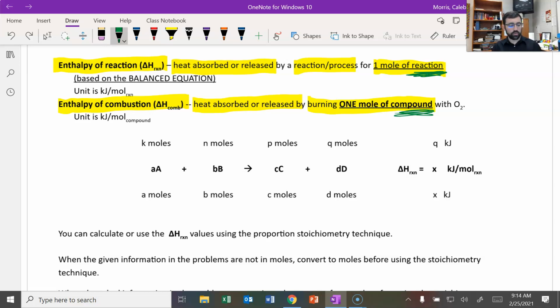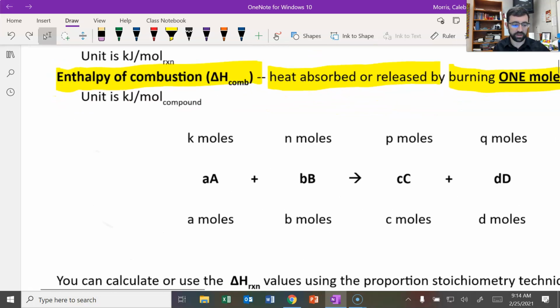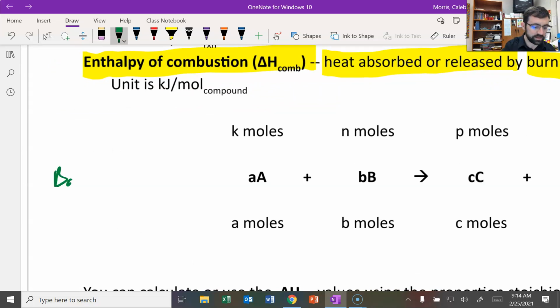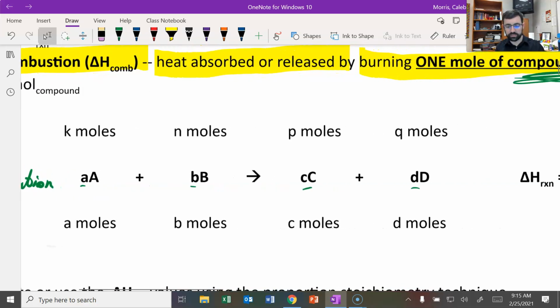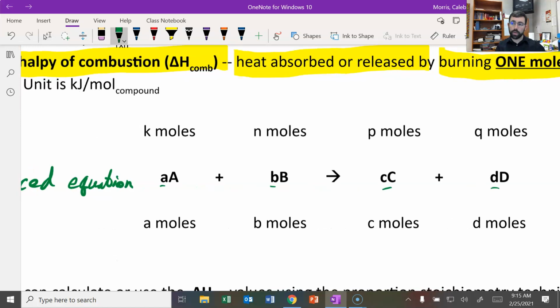Okay, a lot of what we're doing today has to do with stoichiometry. We can actually think of heat as a reactant or a product. You can think of heat in terms of stoichiometry. So if we have a chemical equation, this is a generic chemical equation that's given, so we're assuming that this is a balanced equation, and we've got our coefficients A, B, C, and D. Well, down on the bottom when we're doing stoichiometry, we would always put the coefficients in terms of moles.